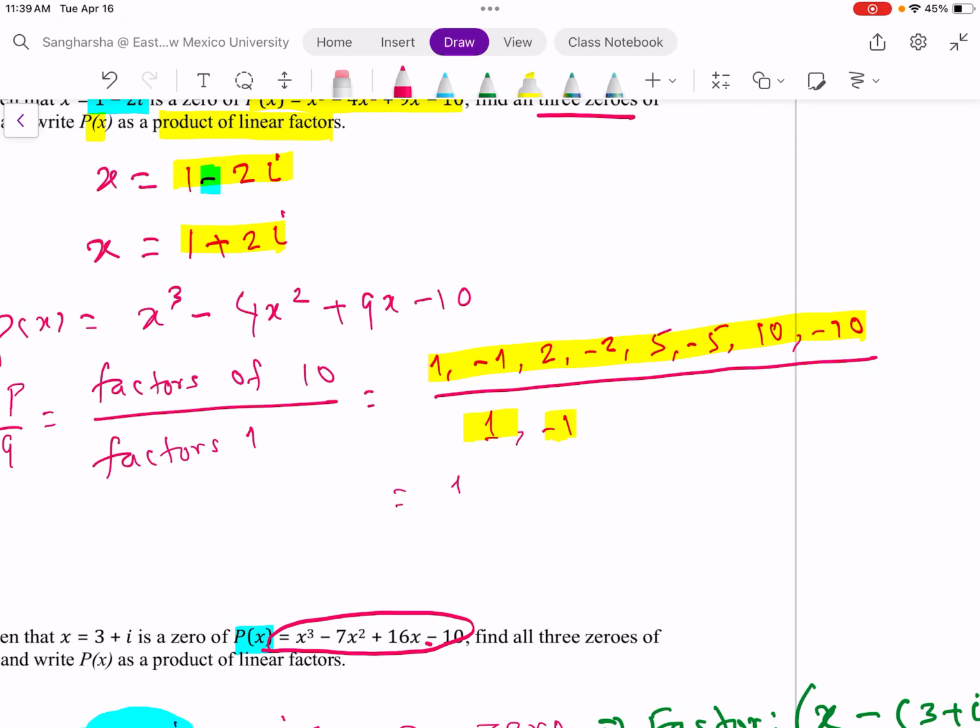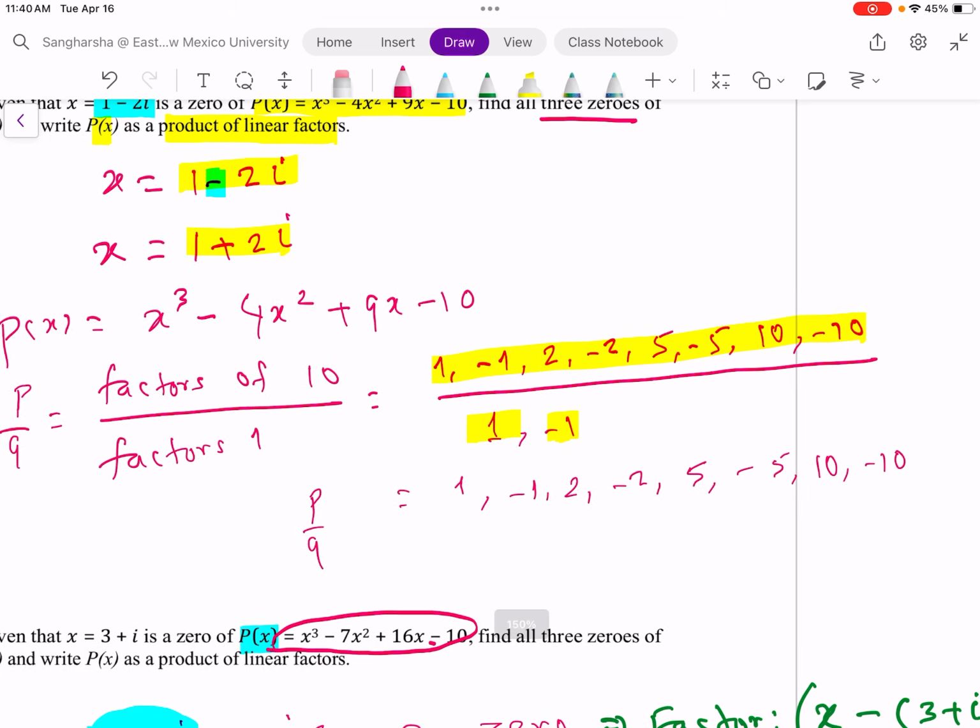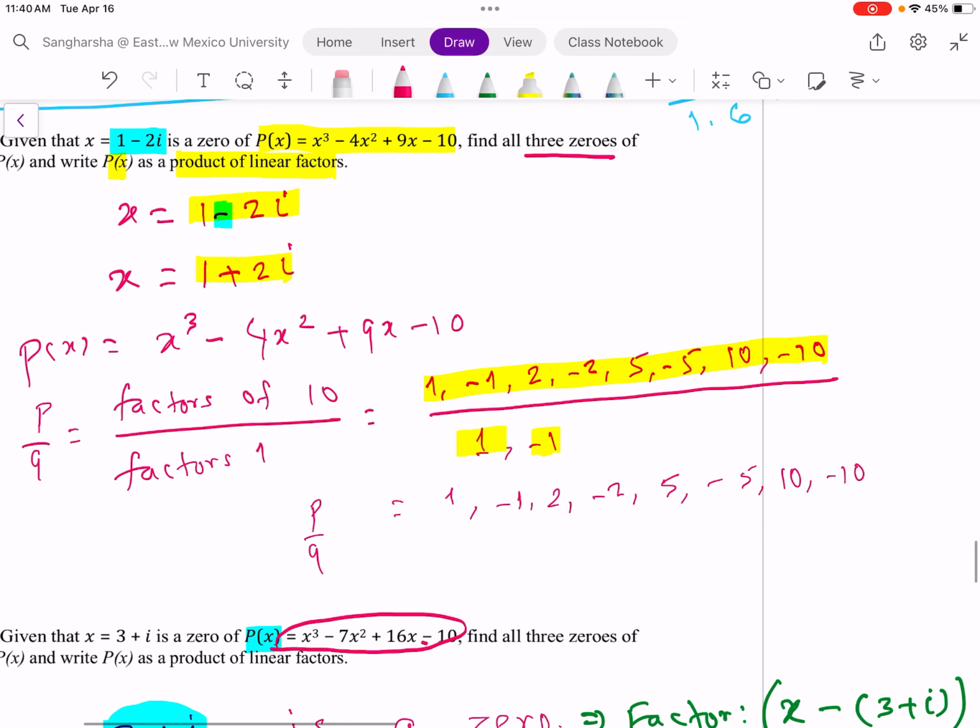So our p over q is 1, negative 1, 2, negative 2, 5, negative 5, 10, negative 10. So we have this. Now you have these number options. Now you pick one number, you substitute for every x in this function, and you look for the number that makes the output equal to 0. And that number is a real 0.